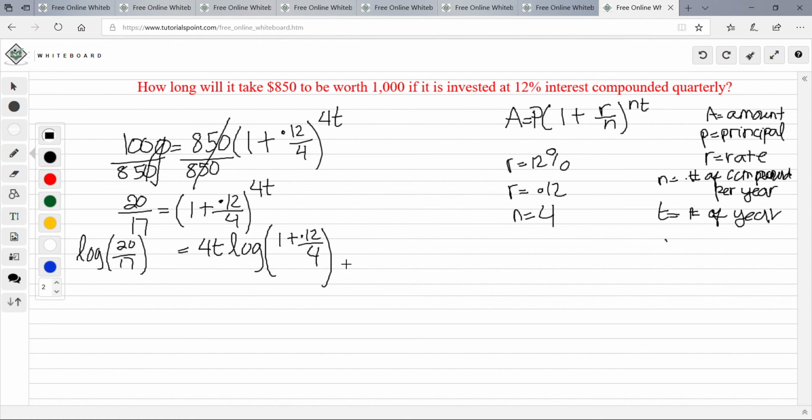So I'm going to divide by 4 log of 1 plus 0.12 over 4.